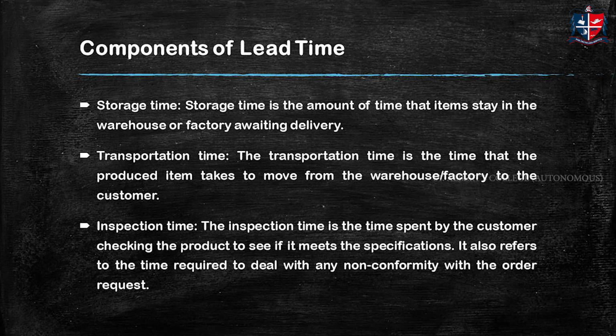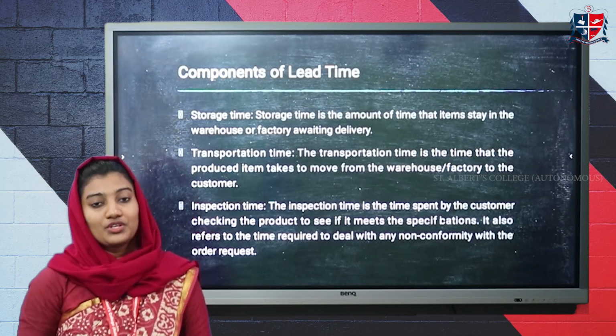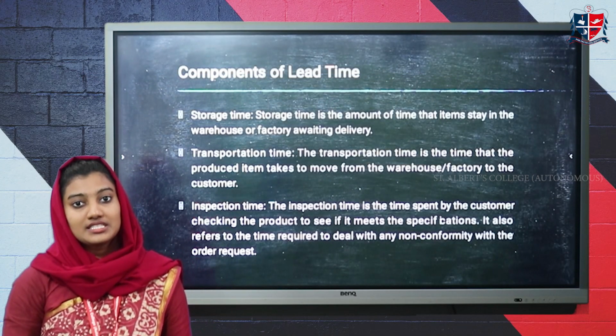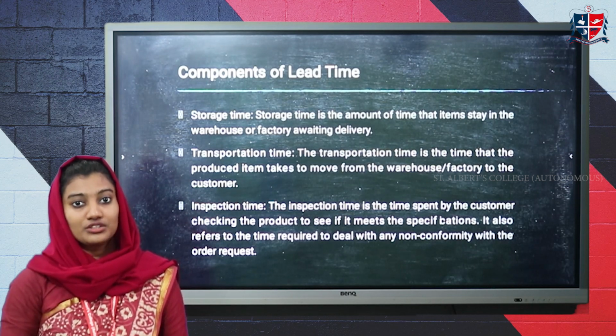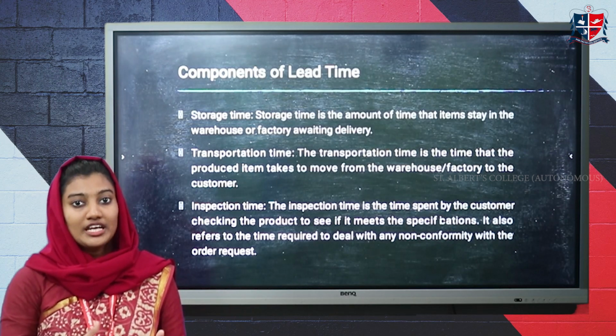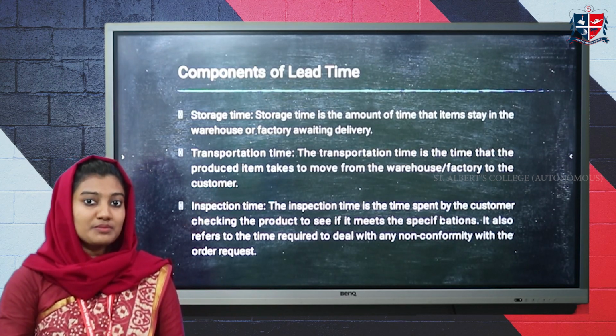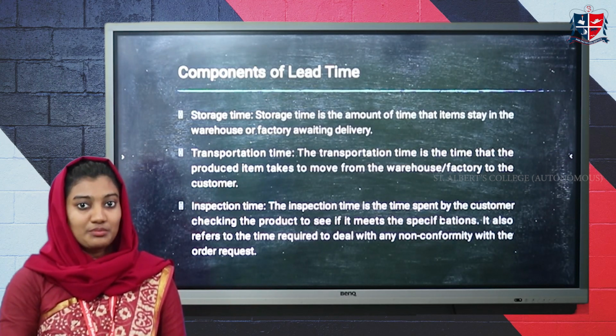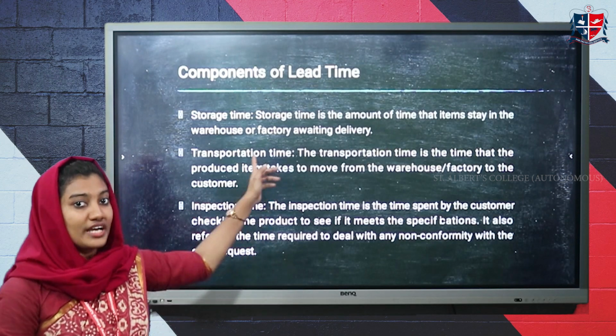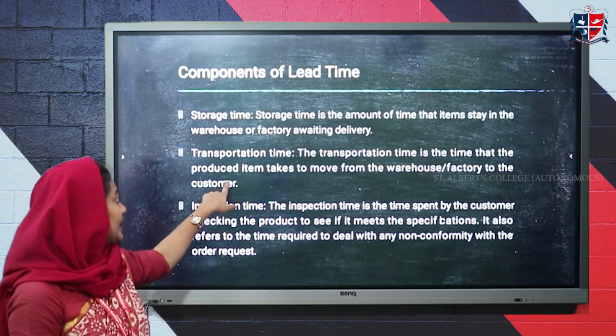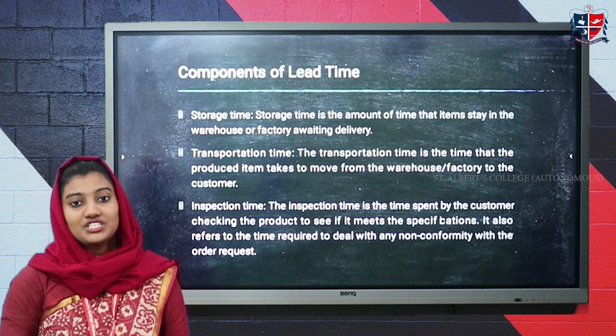Then the fourth component is storage time. The storage time indicates that the raw materials or the semi-finished goods or the finished goods might be staying in the warehouse or the factory place for a while before the order is being actually delivered to the customer. So this time is called as the storage time. Then the fifth one is transportation time.